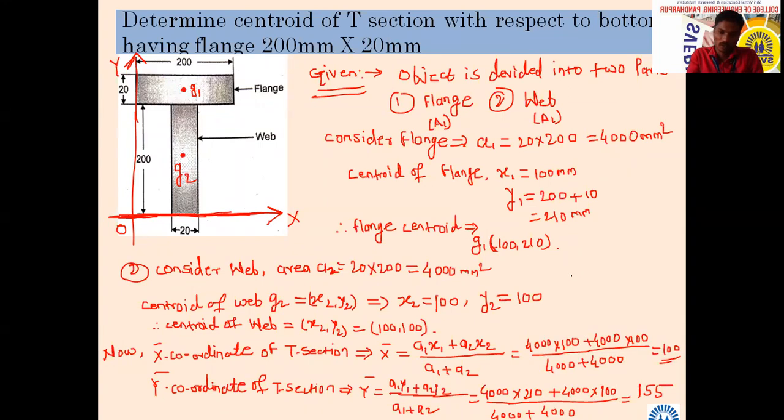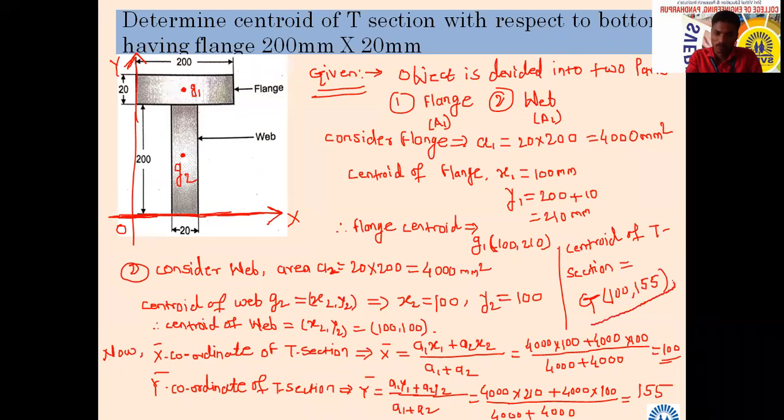So here I will write centroid. I don't have space. So centroid of T section equal to G. We will say capital G, which will be what is x coordinate, 100. It is a symmetrical object, so it will come at the center. What about this 155?